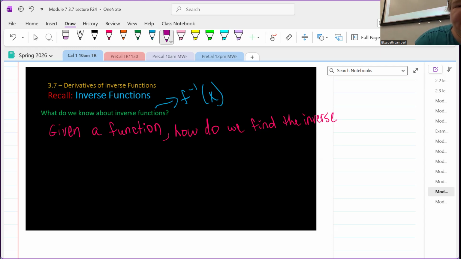One of the big things is that even though that's a negative 1 power, which we know if it's applied to an x means 1 over x, that is not what the notation means when it's applied to a function. Even though normally the negative 1 power means 1 over f of x, when we're talking about inverse functions, that is not the reciprocal.